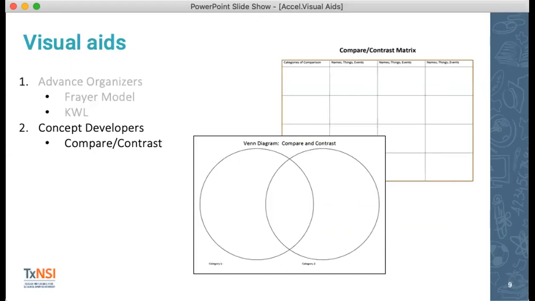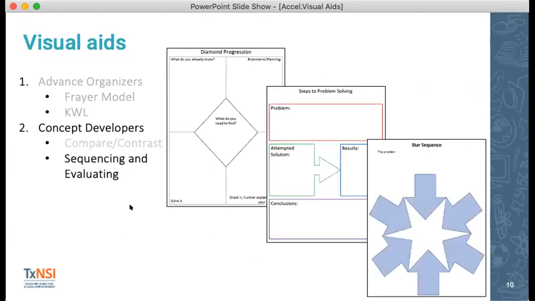Let's go back to the PowerPoint because we're done with the concept developers and we're moving on to sequencing and evaluating. These are still under the concept developers, but they're no longer compare and contrast. These are ways for students to get their organization in their head straight and onto paper.